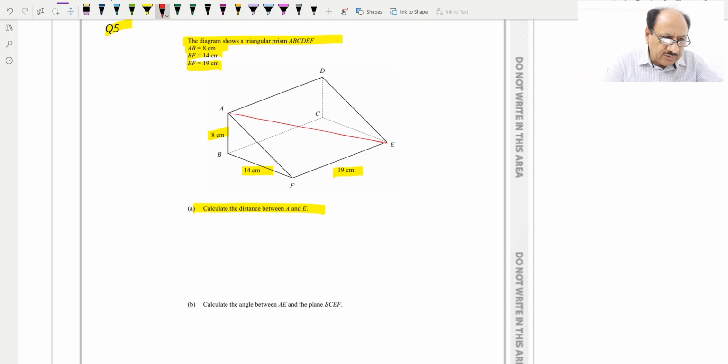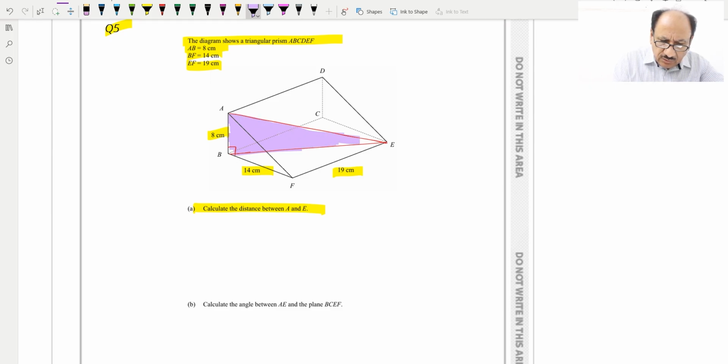To calculate this distance, we can draw this base diagonal also like this, and this will be a right angle triangle.